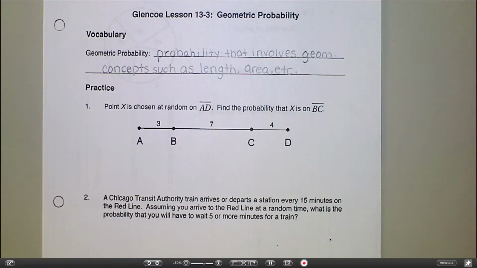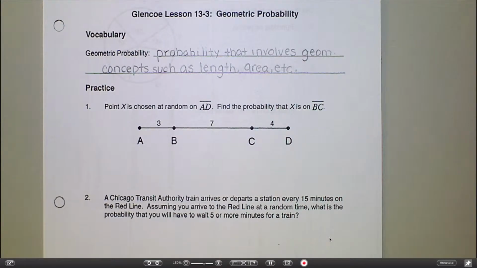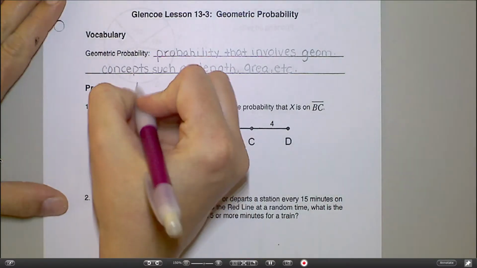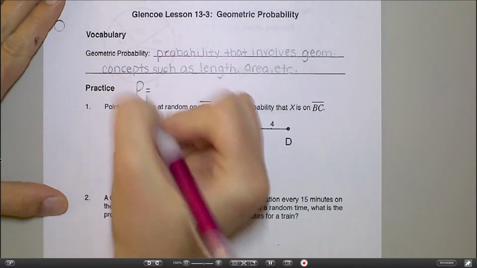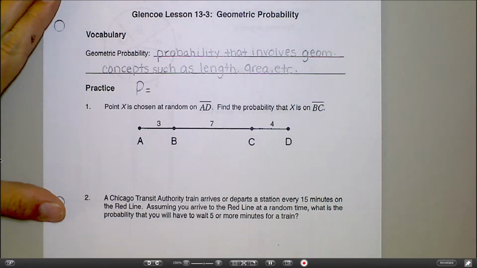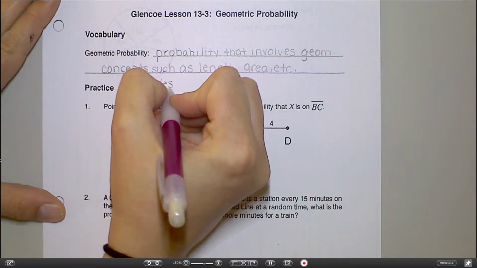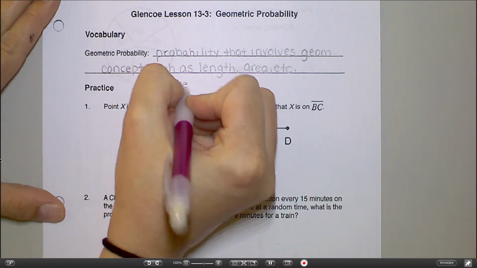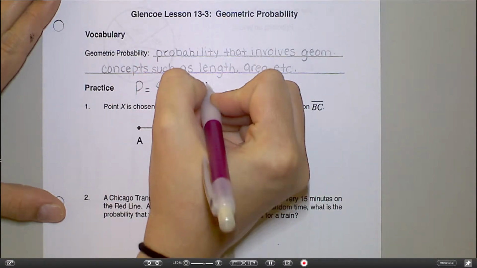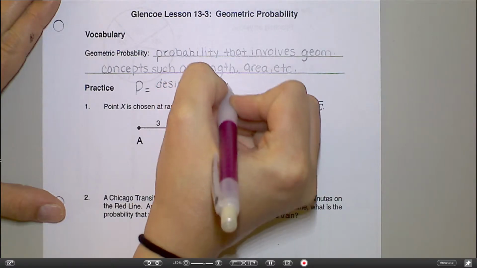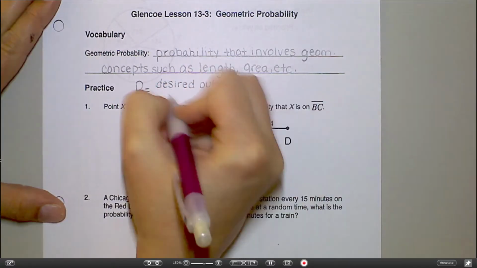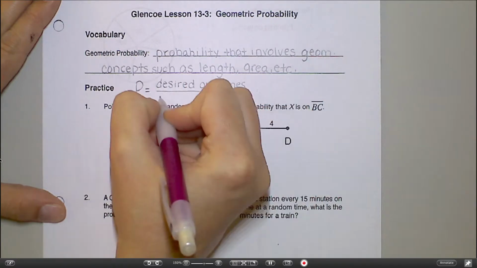So one thing I want to point out about probability, and this is one thing that you would have caught in that second lesson that we're skipping over today. To find probability, the general formula for any type of probability is the desired outcomes divided by the total possible outcomes.